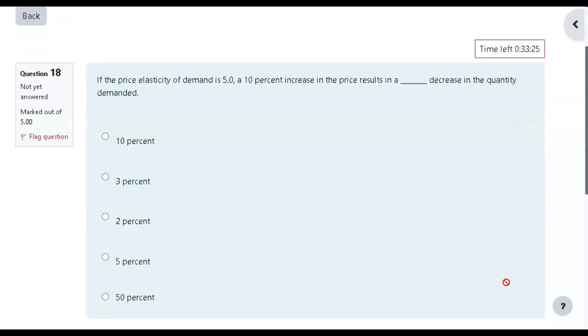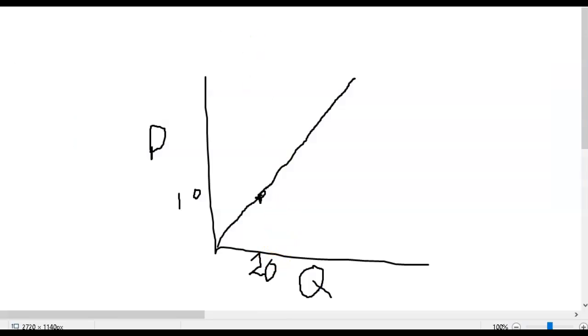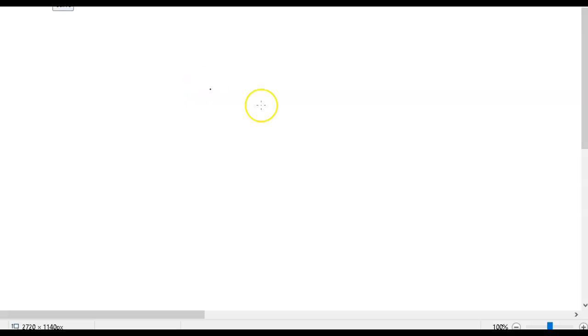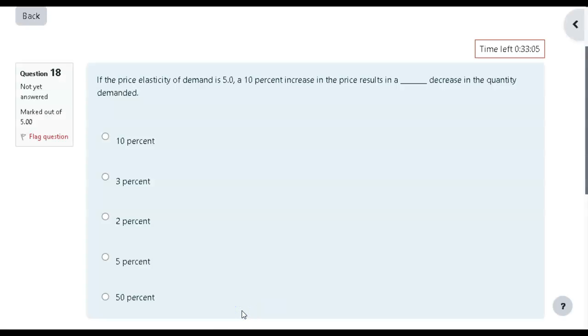Now for this one you're doing the opposite. To do this, I'll show you. The elasticity is equal to 5, so straight away put equals to 5. Firstly, the formula of price elasticity is change in quantity over change in price.